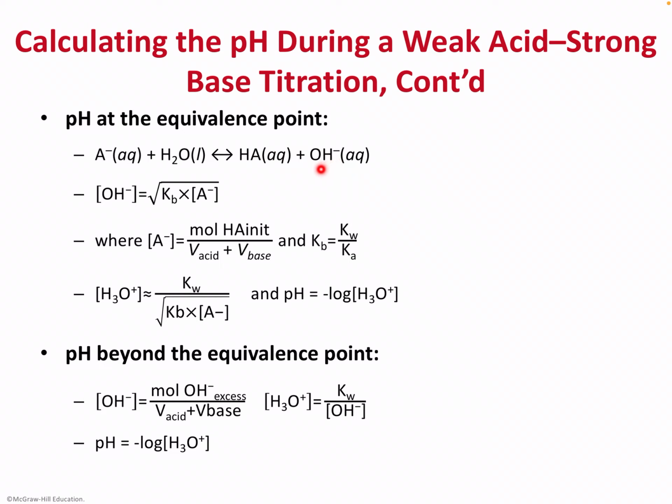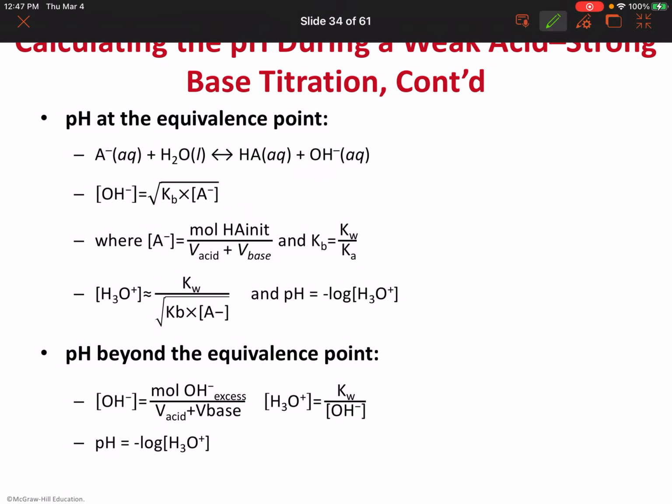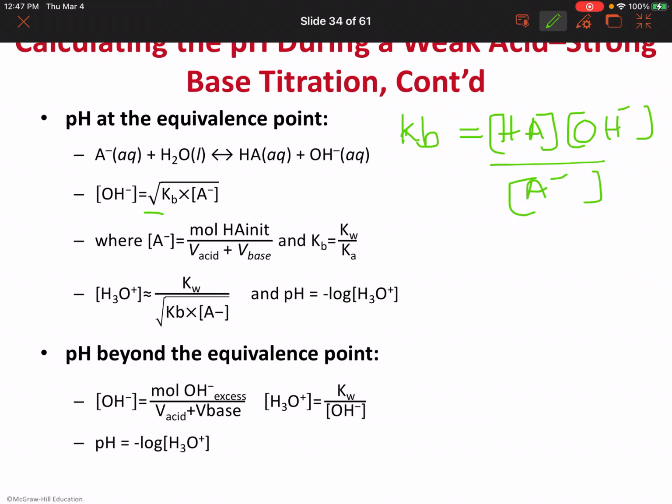So then the hydroxide ion concentration would be, again, if you write Kb for this equation, Kb would be HA times OH minus over A minus.